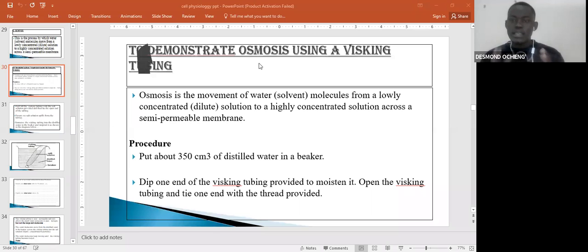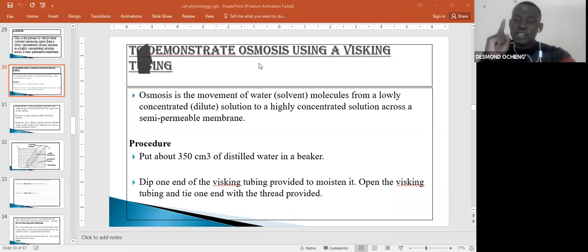Now we are saying that a visking tubing is a semi-permeable membrane because it shares some of the properties of a cell membrane. Now, visking tubing, just like the cell membrane, is semi-permeable. It has some tiny pores that can only allow particles or substances of small size to pass through it, just like a cell membrane can do.